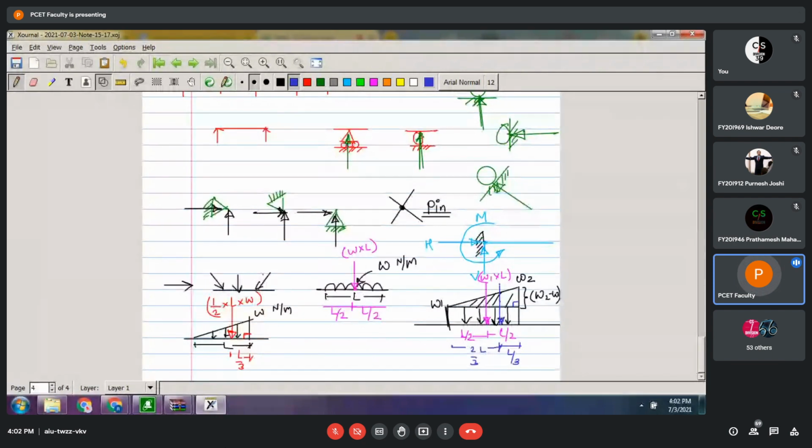This converted point load I will write in blue color. This will be half, base is L and height is W2 minus W1 in this case. Is it clear to all?